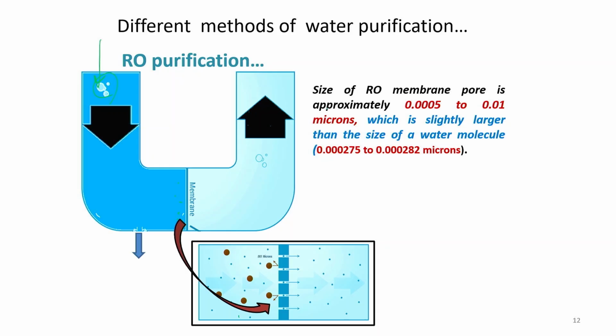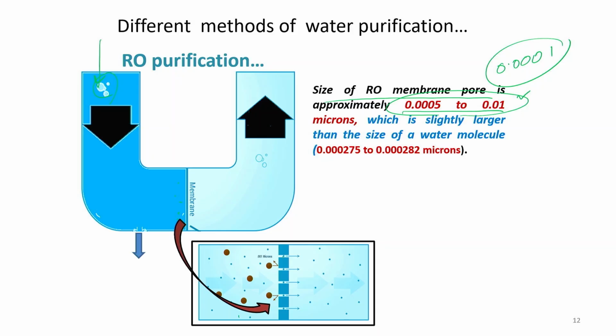Now, the pore size of the reverse osmosis membrane, as we discussed earlier, can be 0.0001, which is also possible, the smallest size, but in general it is 0.0005 to 0.01 microns.